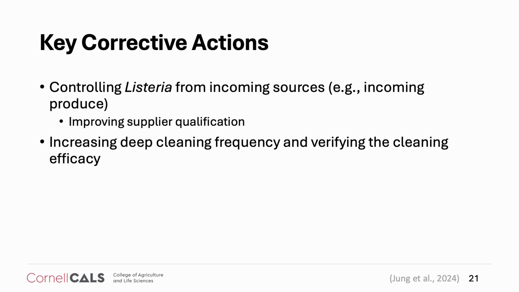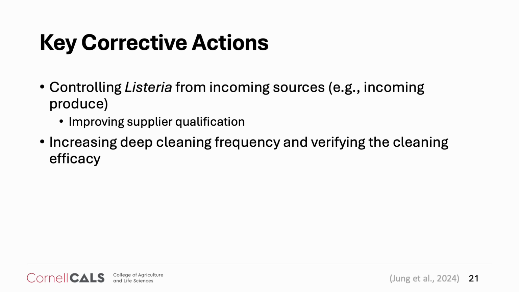And another effective corrective action that could be done at the retail store is increasing deep cleaning frequency and verifying cleaning efficacy. So even if the retail store has regular cleaning events, there are sections that do not get cleaned as frequently as other sections, such as the dry display shelves would not get cleaned as often as the wet display shelves.